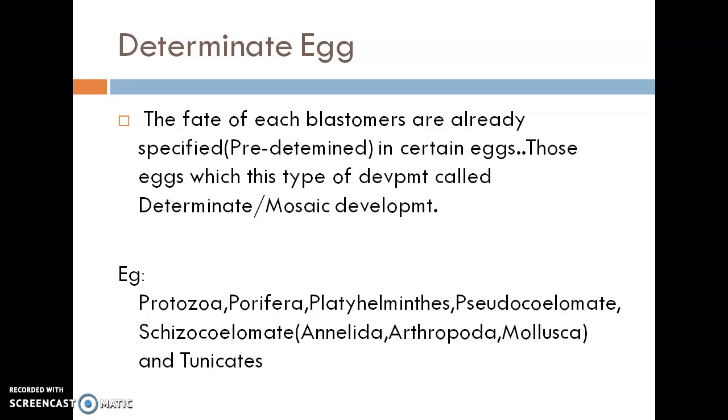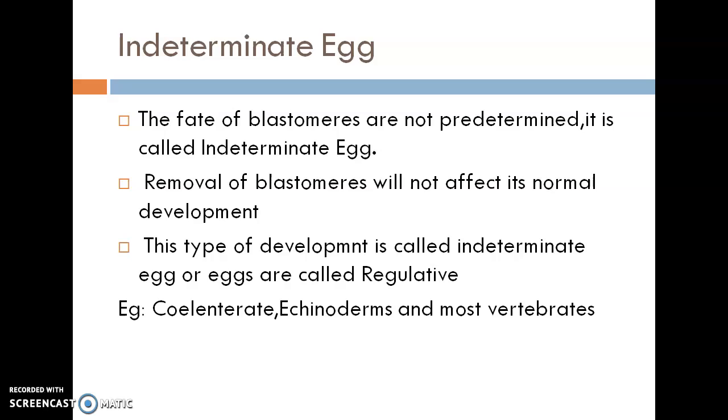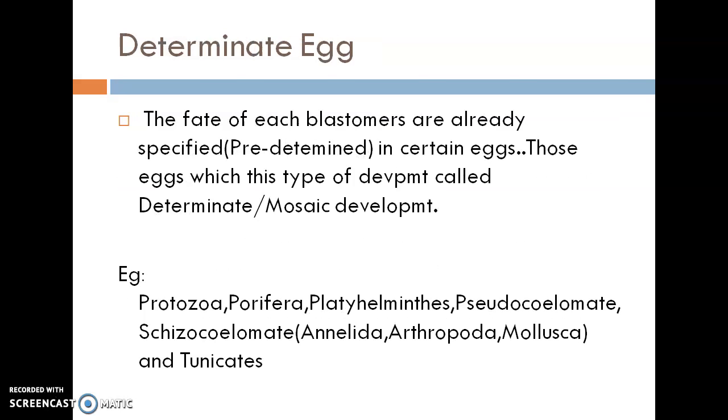Then comes what is meant by determinate egg and indeterminate egg. Have you heard about determinate and indeterminate egg? In the case of determinate egg, the fate of each blastomere is already specified or predetermined in certain eggs. Those types of eggs are called determinate eggs, and that type of development is called determinate or mosaic development.